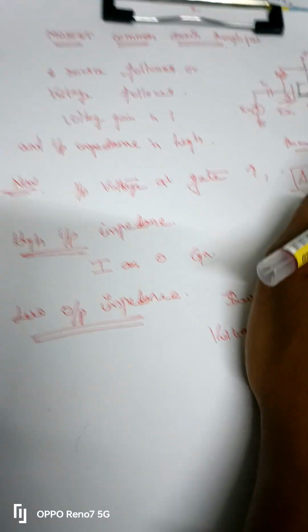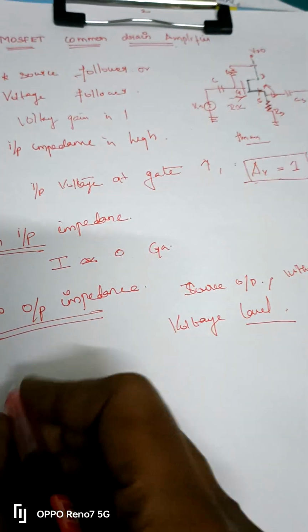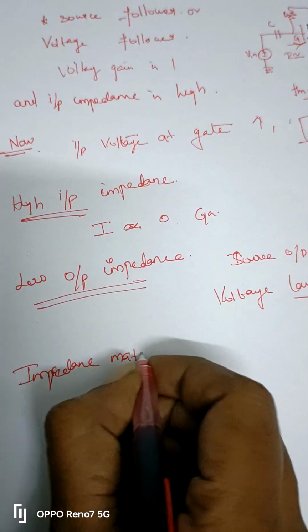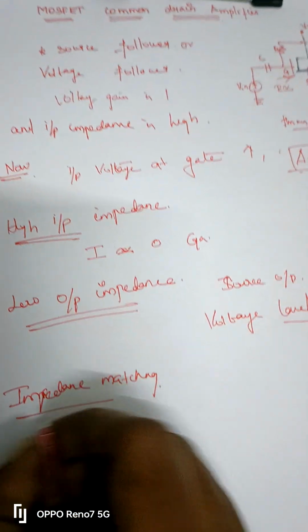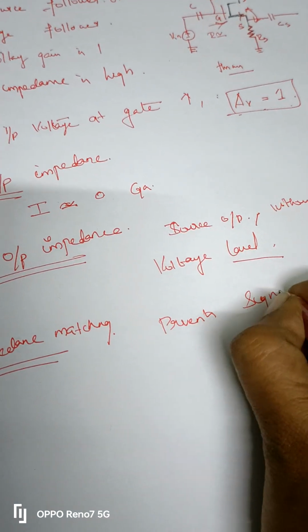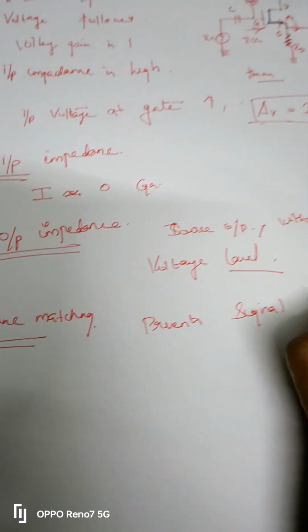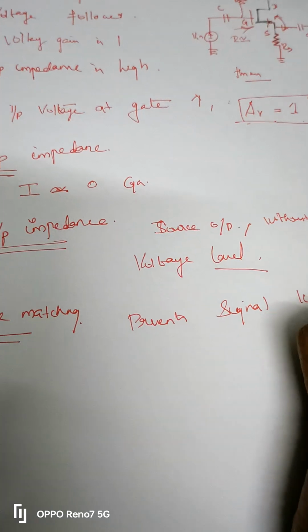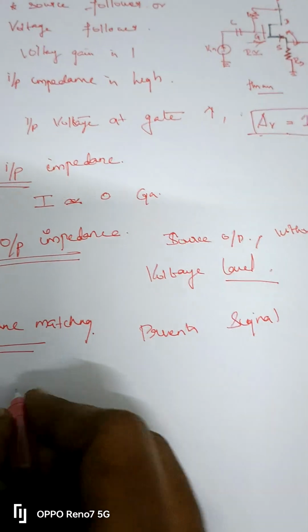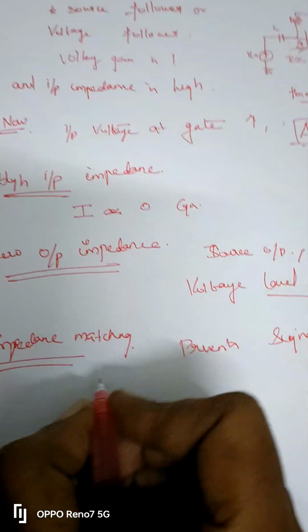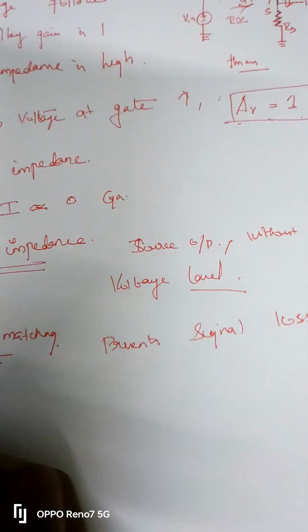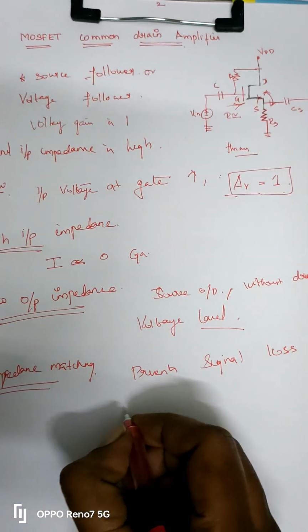Impedance matching prevents signal losses between different stages of an electronic system.